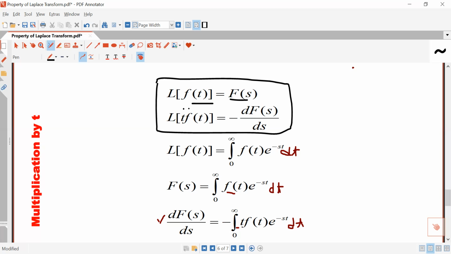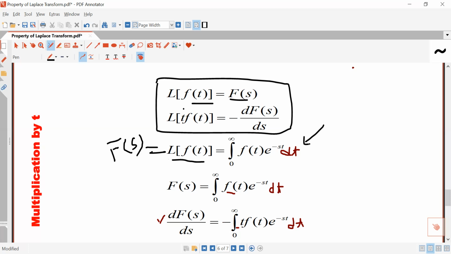So how can you prove this statement? As you know, the Laplace transform of any function f(t), which is F(s), is equal to the integration from 0 to infinity of f(t) e to the power minus st dt. This expression I have already discussed in the previous video.